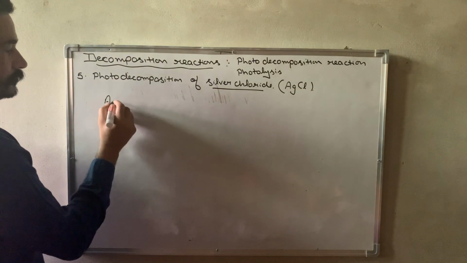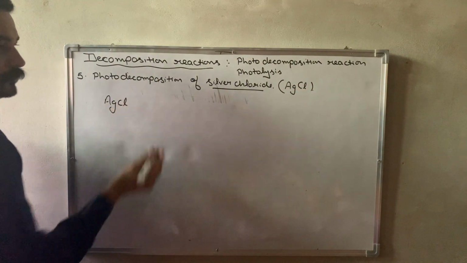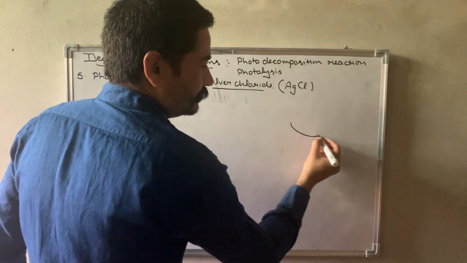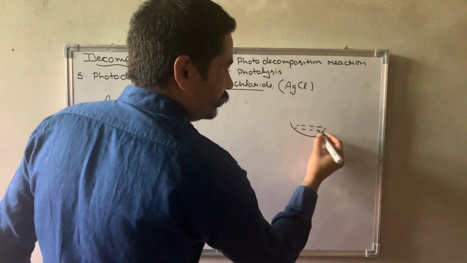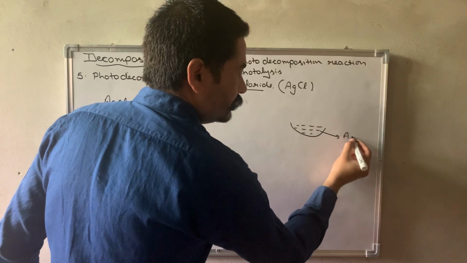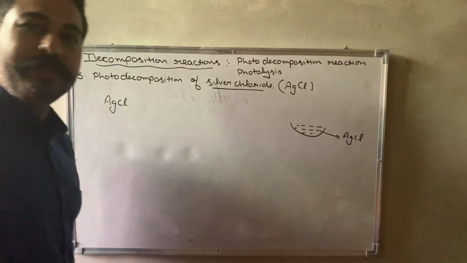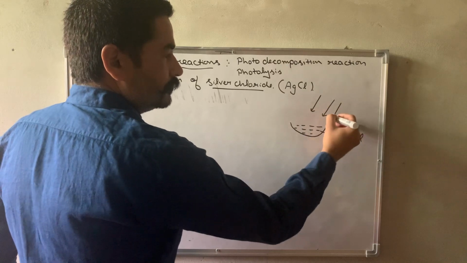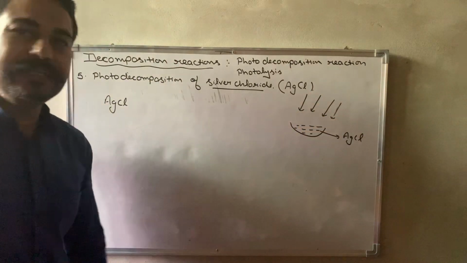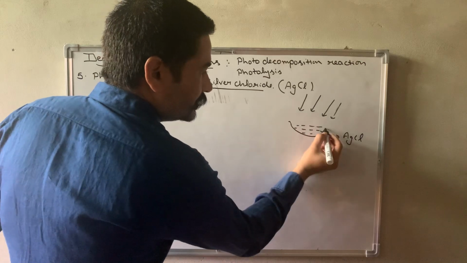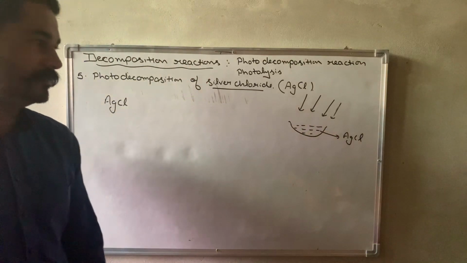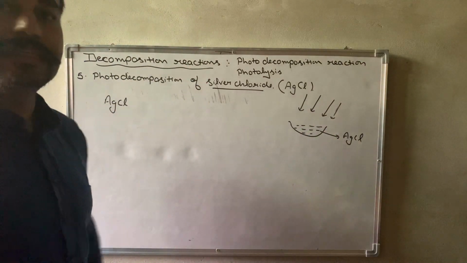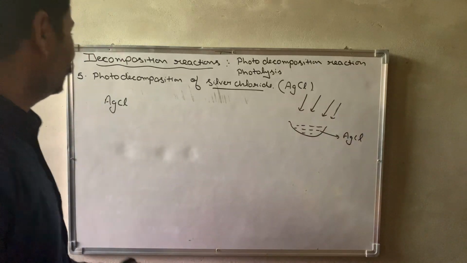Now, what I will have to do, in any china dish, I'll take silver chloride, and I'll keep it for some time outside in the presence of sunlight. You will see that after a few hours it will change its color. So changing in color shows that a chemical reaction might have taken place.